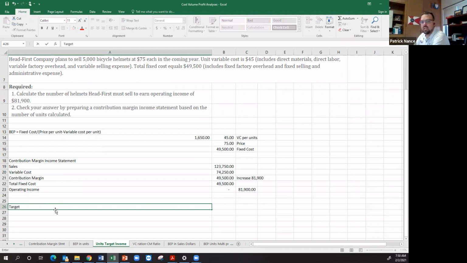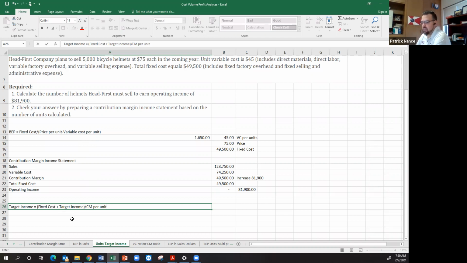To find my target income, I'm going to take my fixed cost plus my target income, divided by my contribution margin per unit, which is the same as price per unit minus variable cost per unit.